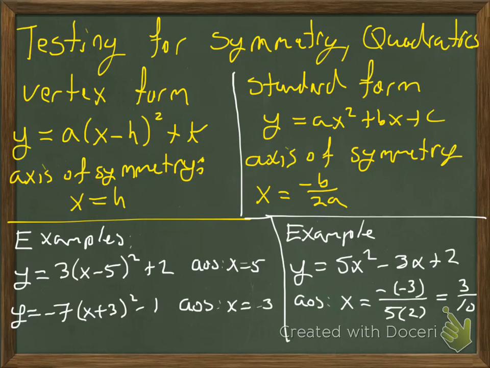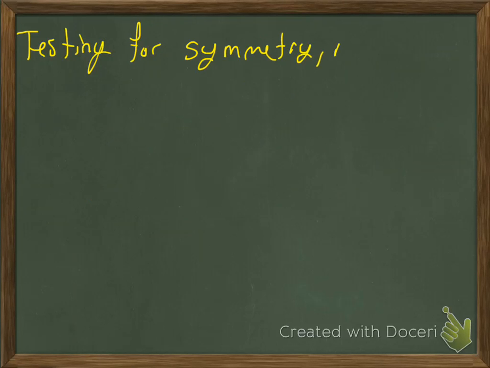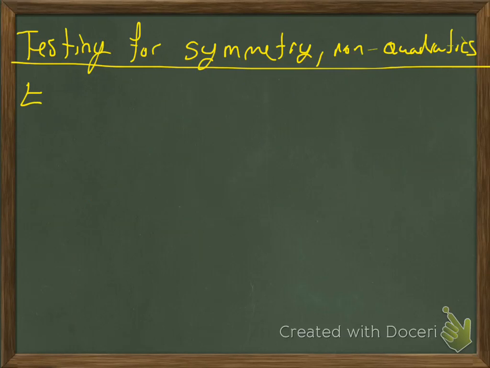Okay, the other thing is if it's just a general function, if we're going to test for symmetry, we have the even or the odd. So this is for non-quadratics. So testing for non-quadratics, you're an even function if f of negative x is the same thing as f of x.